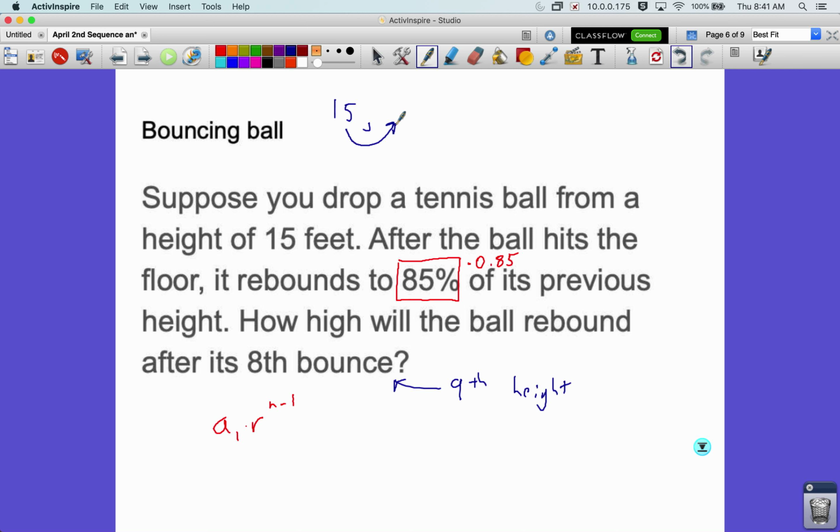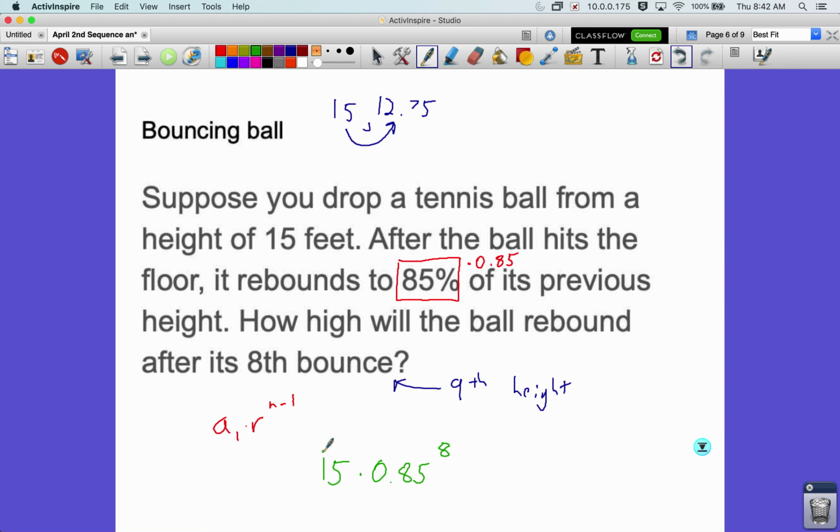So 15 times 0.85 is 12.75. So that was one bounce, but we're on to our second number. So this formula will work as long as we remember to plug in either a 9 here or just an 8 for the exponent, and not do 8 minus 1 and then do a 7 here accidentally. So this is going to be 15 times 0.85 to the power of 8.